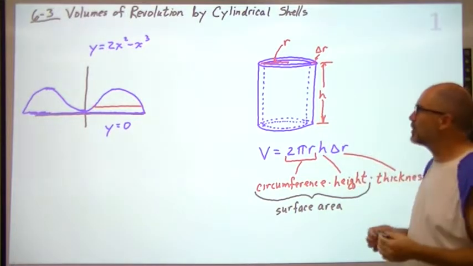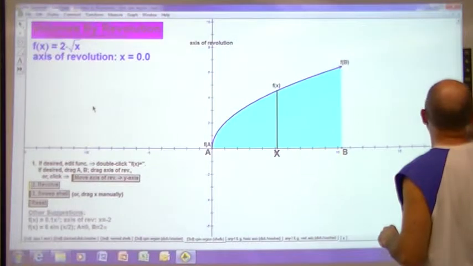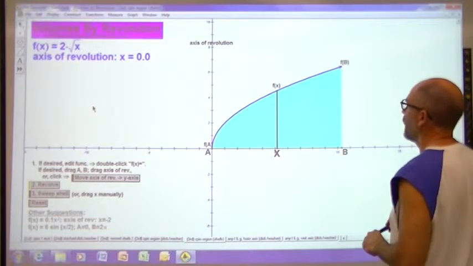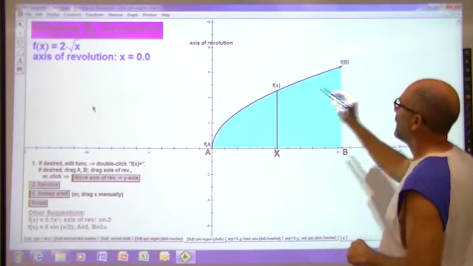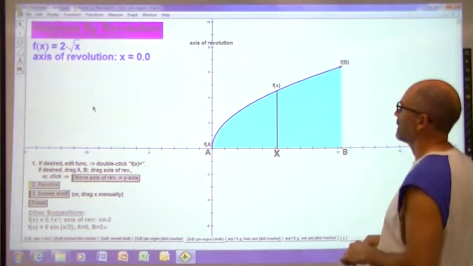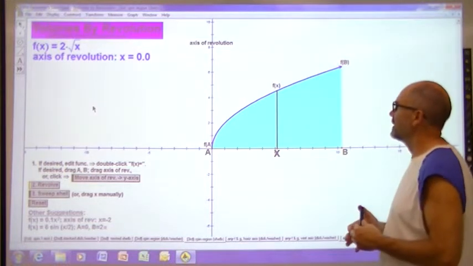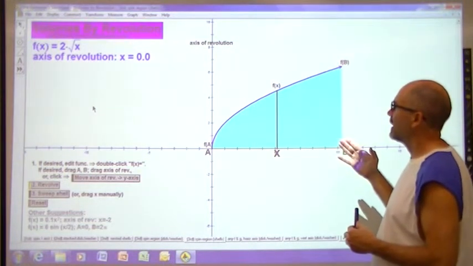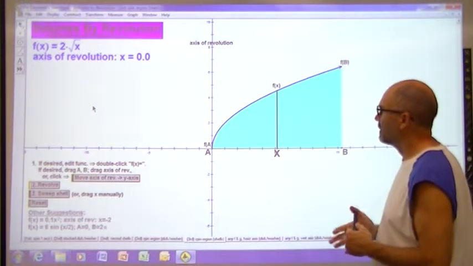And let me show you this. It's going to be easier to see in the calculus in motion. So here's our y equals 2 square root of x. And we're going to rotate this around the y-axis.